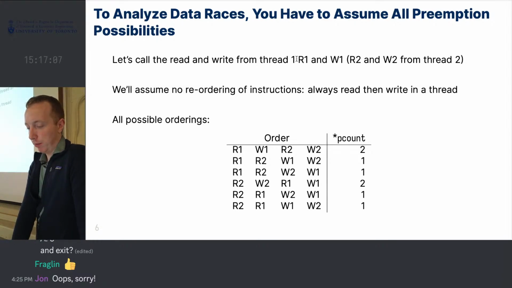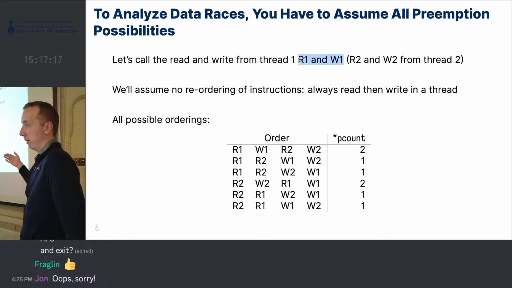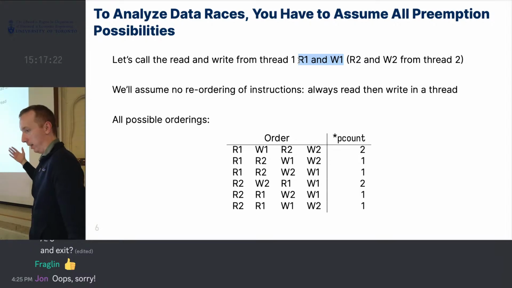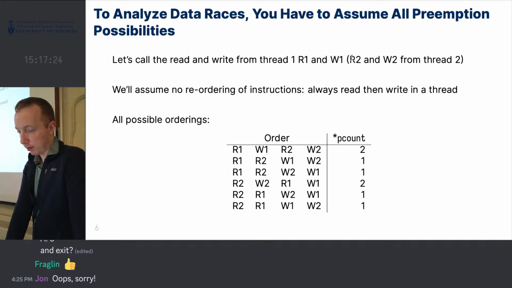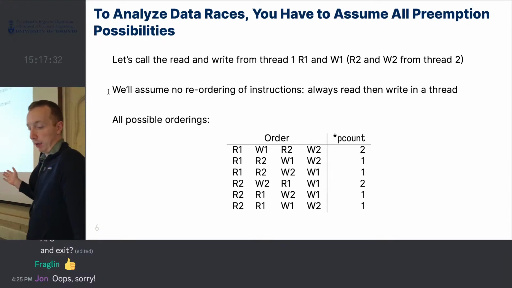For thread 1, we'll call the read R1 and the write W1, and the read always has to happen before the write because within a thread, it won't do things in a willy-nilly order. It will execute from the beginning to the end within a thread. We can call the operations in thread 2 R2 and W2. So we assume that within a thread there won't be any reordering of instructions, each thread again only does a read and then a write.